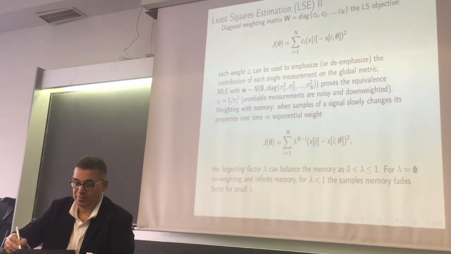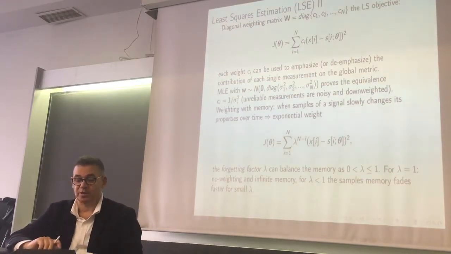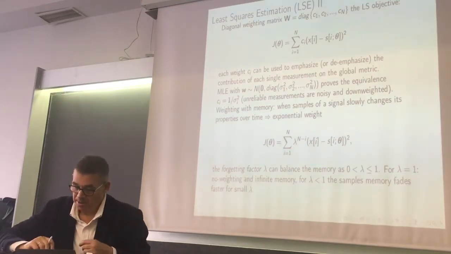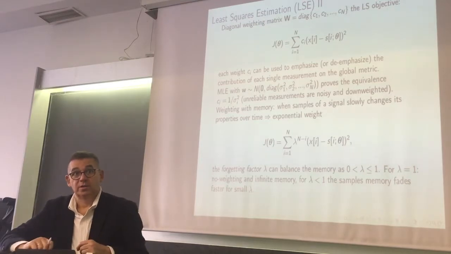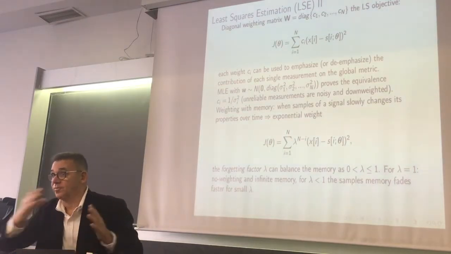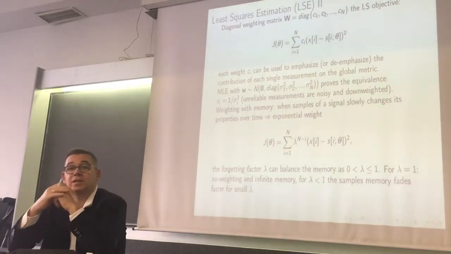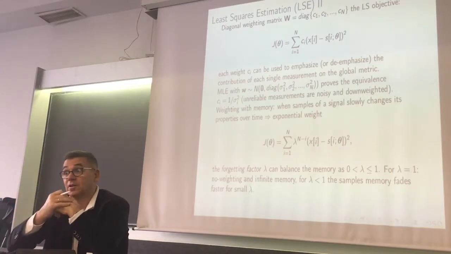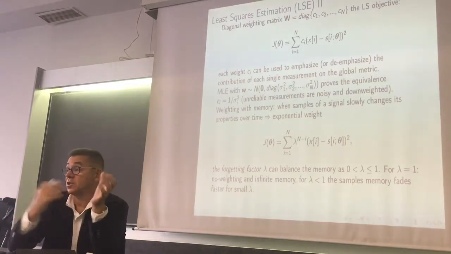So for lambda equal 1, no weighting and infinite memory. For small lambda, there is a fade on the past. Convenient in case we are dealing with something that is changing, something that is non-stationary, changing in time.